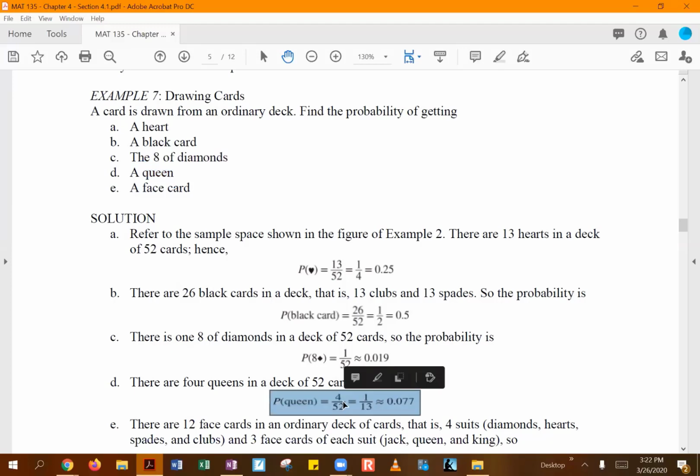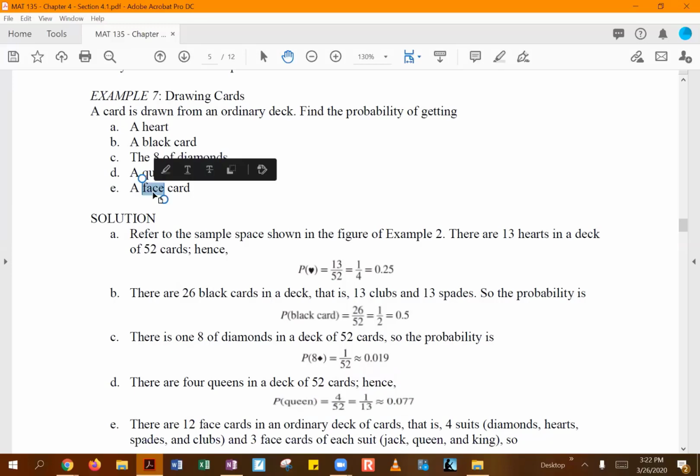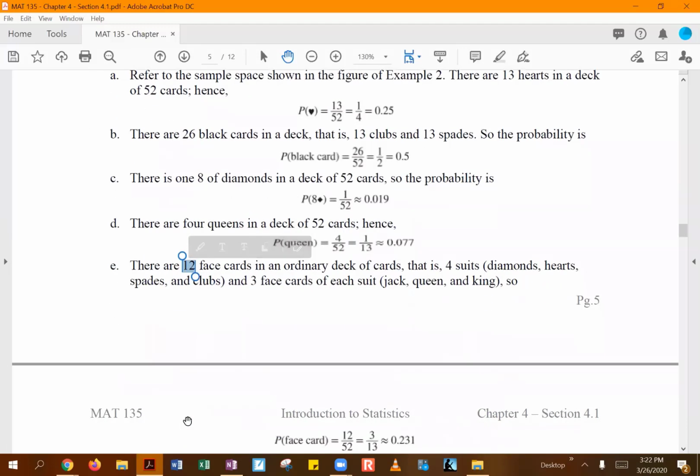So that would be 4 out of 52 or 1 out of 13 for a probability of 0.077. Now, a face card is going to be your Jack, Queen, and King cards, right? So there are going to be 3 face cards in each suit. And since we know there are 4 suits, that's going to be a total of 12 face cards in the deck.